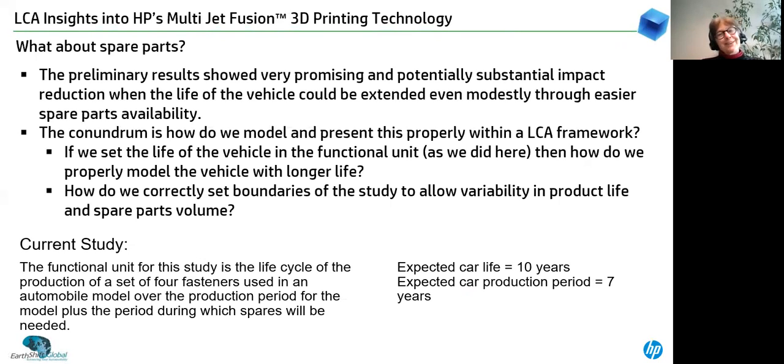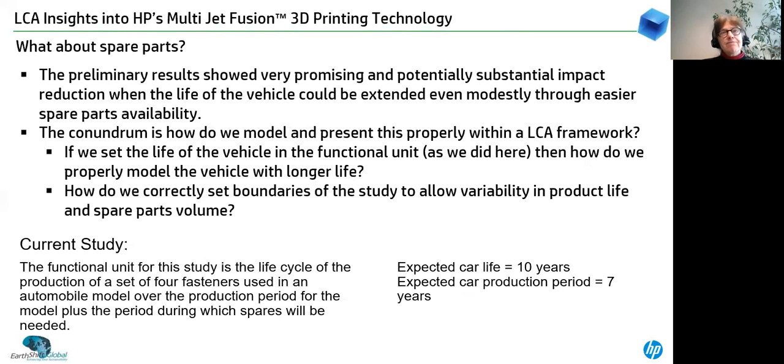However, we did also look at what if you have a car or a dishwasher, we talked about dishwashers a lot in this context, that you couldn't get a part for. What would happen if you could pull down the drawings and make a part, or your repair folks couldn't make a part? What would happen if that meant you could keep your car or your dishwasher a year longer?